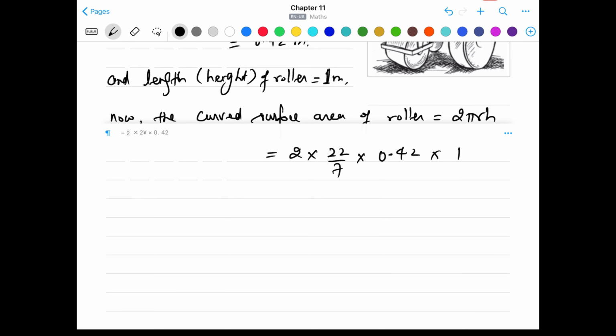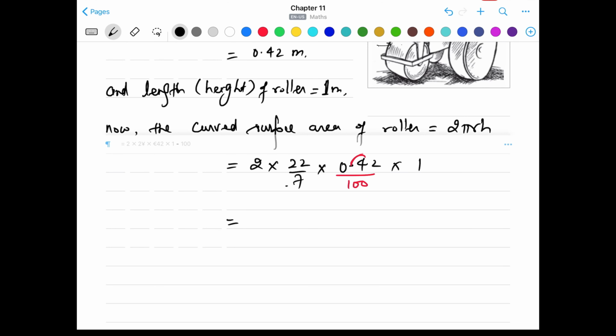In order to solve this, we'll remove the decimal and we'll get 100 in the denominator. When we divide 42 by 7, we'll get 1 here and 6 here. Now 2 into 6 is 12, 12 into 22 will give us 264.